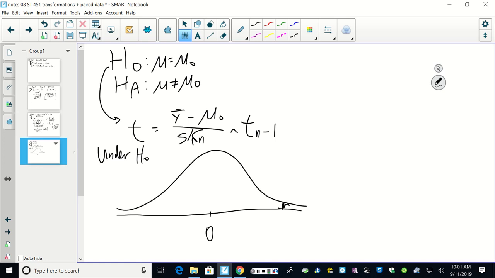So we look at these areas up here. Say this area over there is 0.025, and this is, say, 0.025 area, right? These areas are called the rejection regions. So this RR there is the rejection region.